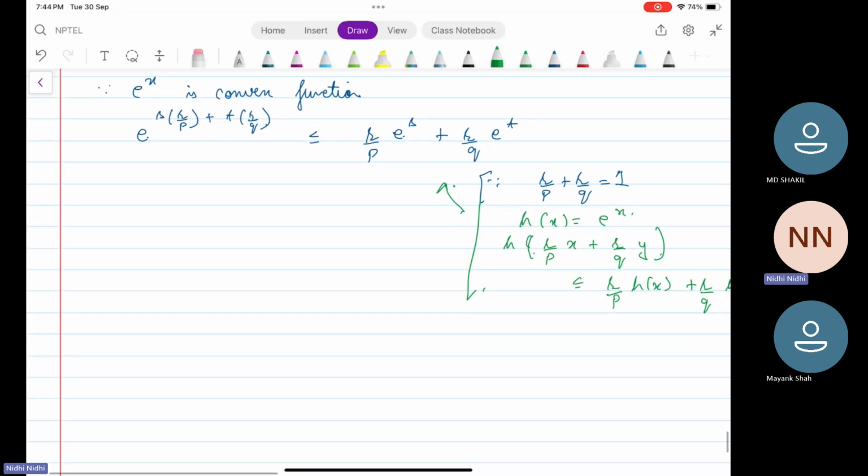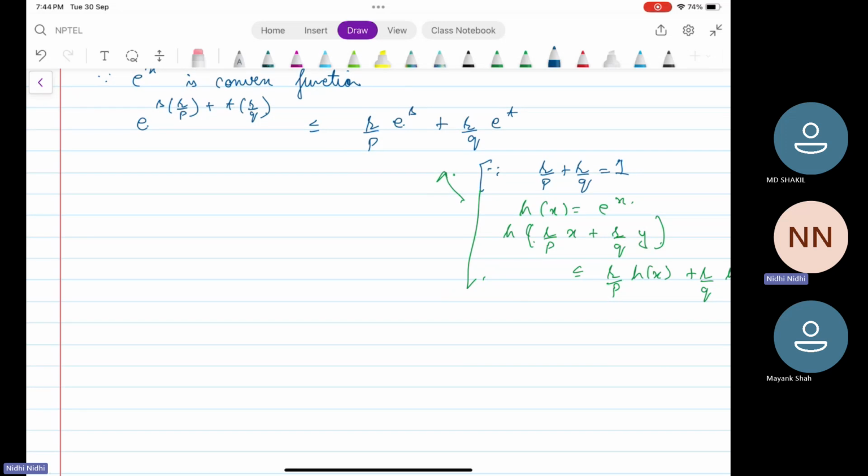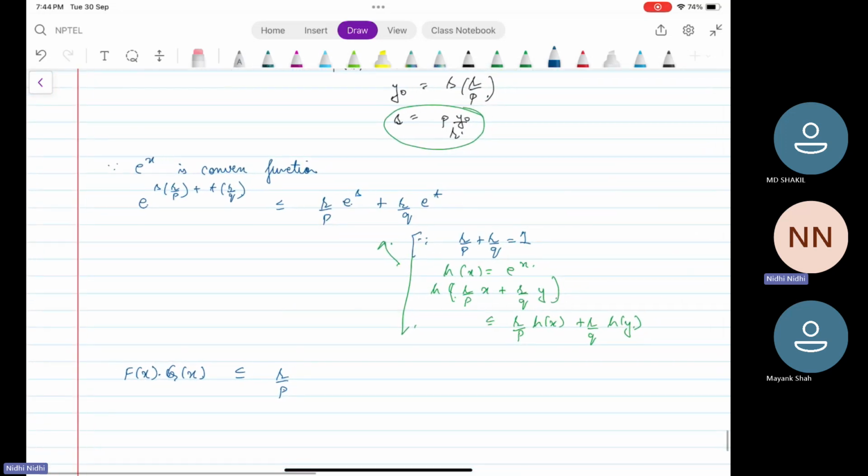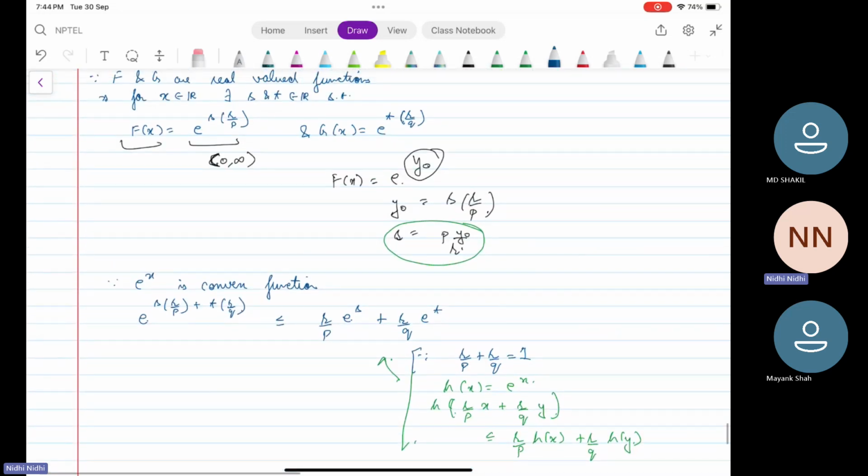So now e to the power of s times r by p plus t times r by q is nothing but e to the power s r by p times e to the power t r by q, and that is f(x) times g(x). This is less than or equal to r by p times e to the power s. From here you can see that f(x) to the power p by r is e to the power s.